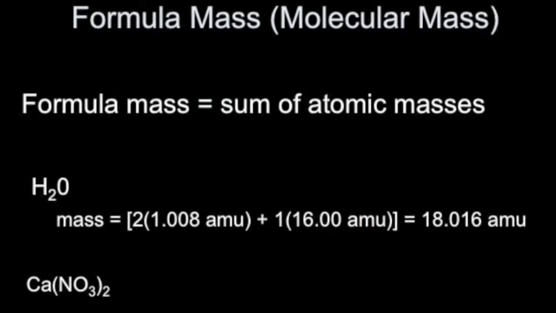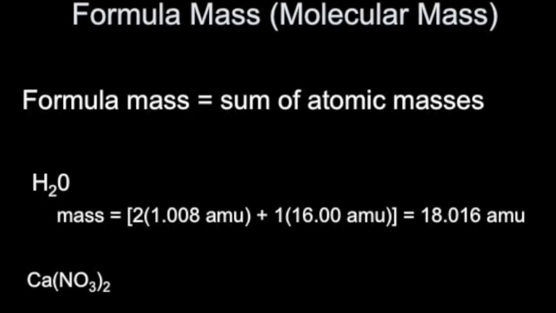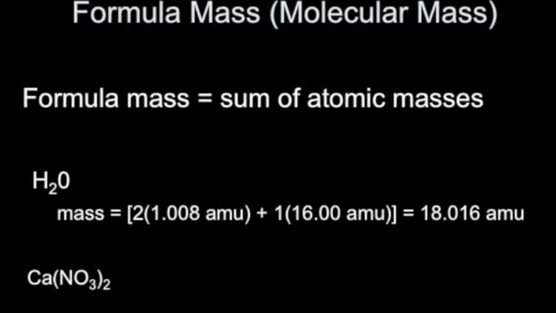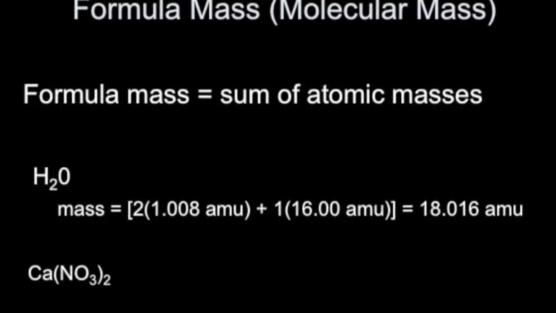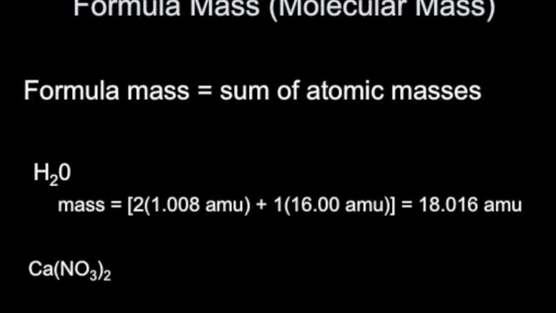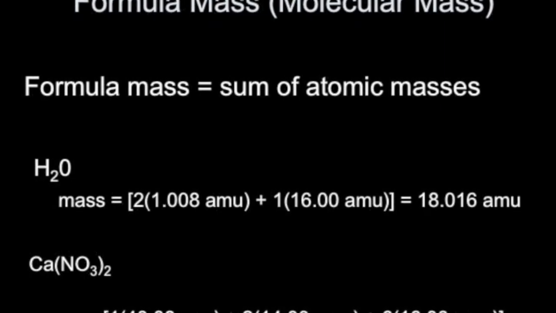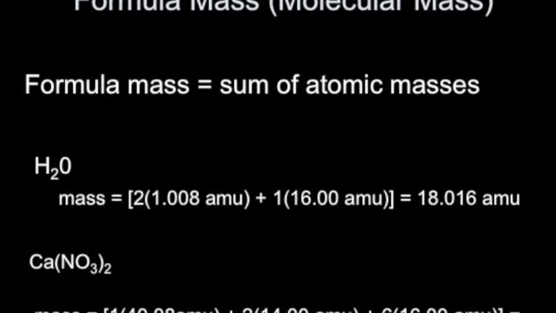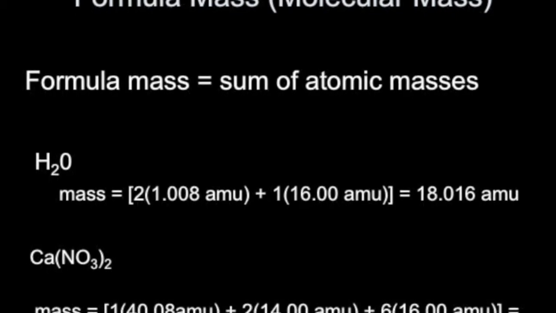The formula mass for that is we're going to take the two hydrogens, which both have a mass of 1.008 AMUs, and add that to the mass of the one oxygen, 16 AMUs. So we get a total mass of 18.016 AMUs. We take those individual masses and sum them together so we get this total formula mass.